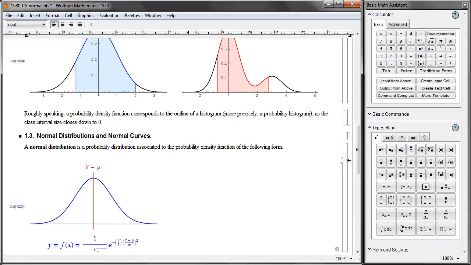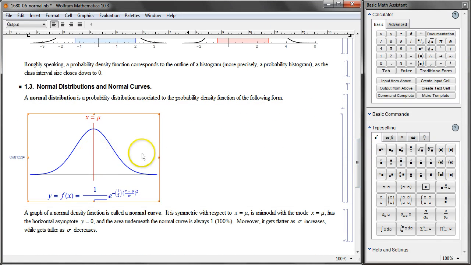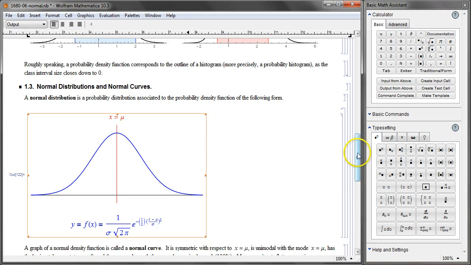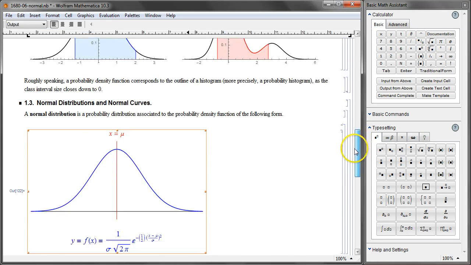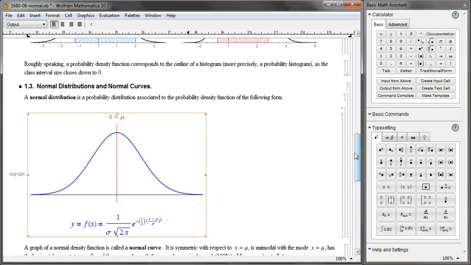Now let's focus upon the normal probability distribution. By the way, the blue picture here is normal, the red one is not. It is this kind of probability density function, or outline of histogram, symmetric with respect to the expected value x equals mu, and going down as we go far away, asymptotically, and we have this analytical expression. You don't have to pay too much attention to that.